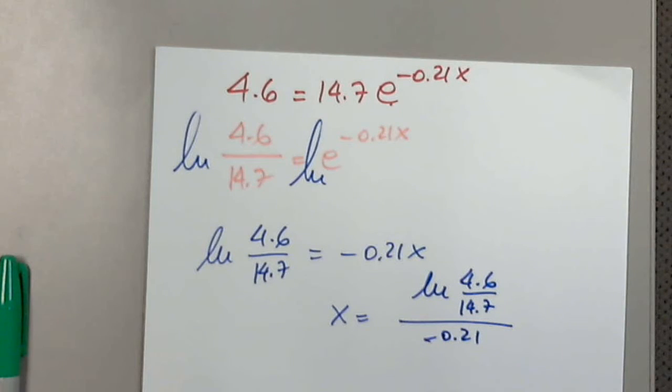So natural log of 4.6 divided by 14.7, and divide everything in parentheses by negative 0.21. And the answer is quite high, 5.5 miles. It wouldn't be that bad, but you can't breathe.